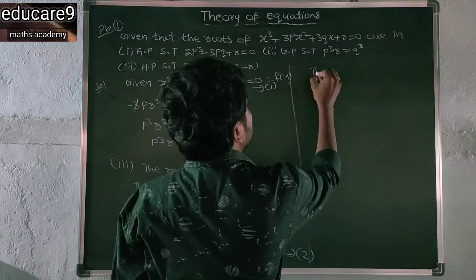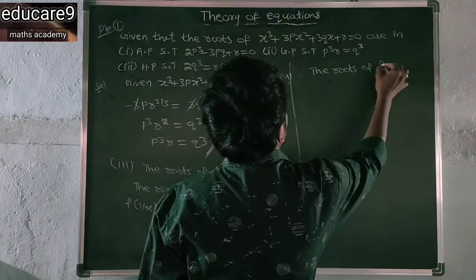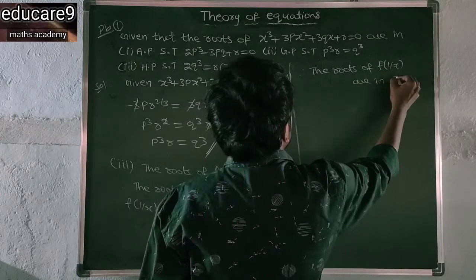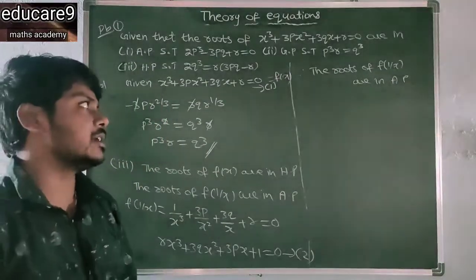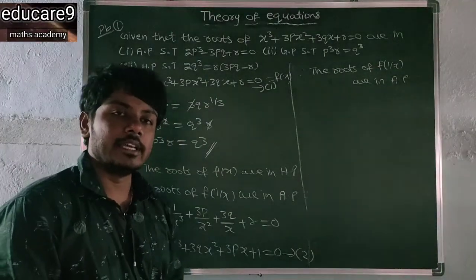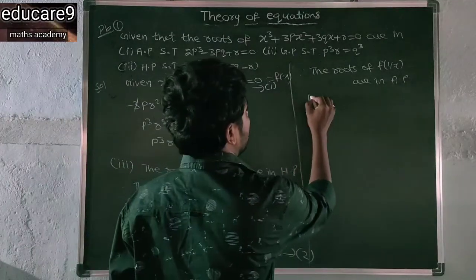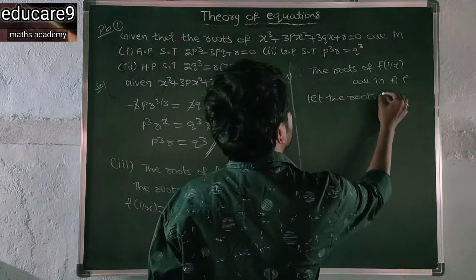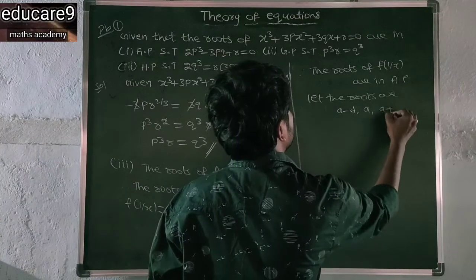Therefore the roots of f of 1 by x are in AP. So clearly in that case assume the roots are a minus d, a, a plus d.